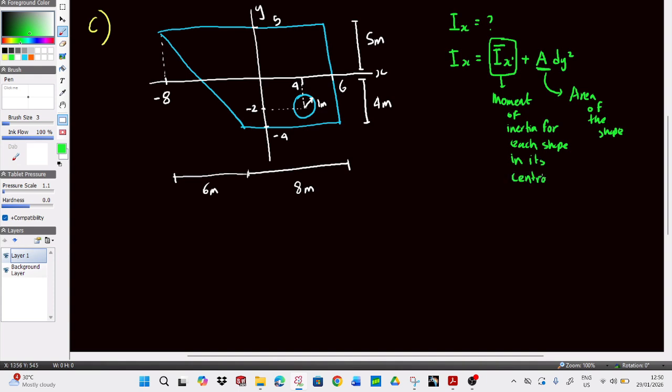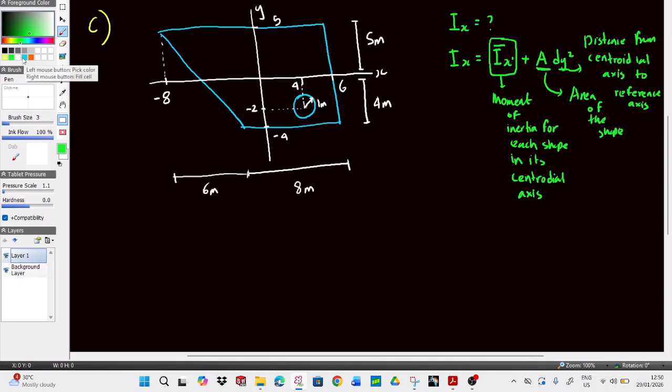I will explain in a bit what we mean by centroidal axis. A is the area of the shape, and dy is the distance from the centroidal axis to the reference axis. I'll explain this in a bit once we do the calculation.